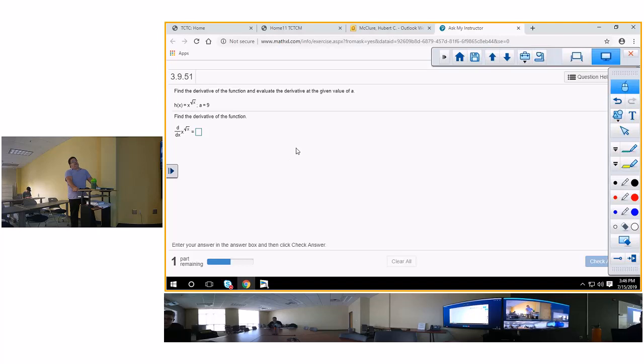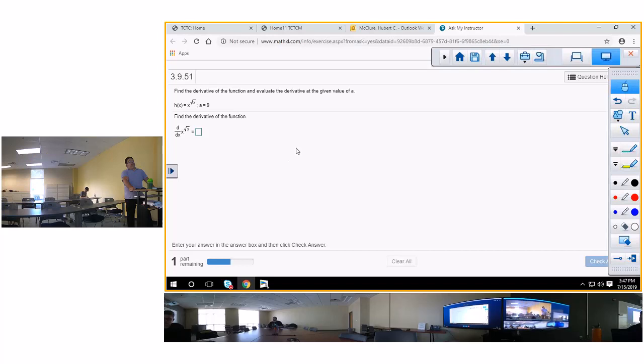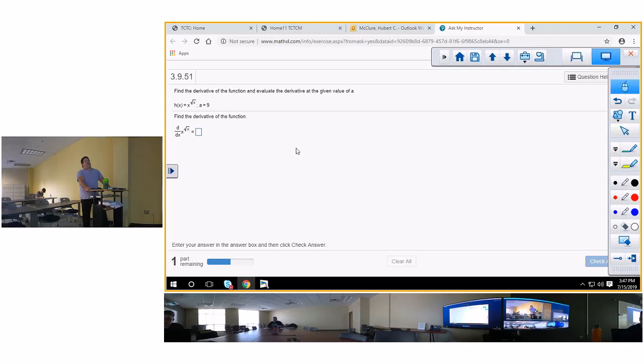Now technically you could do x to the square root of x times the natural log of x. You could do that. But then you would have to do 1/2 x to the negative 1/2. Yeah, I would just do the natural log.